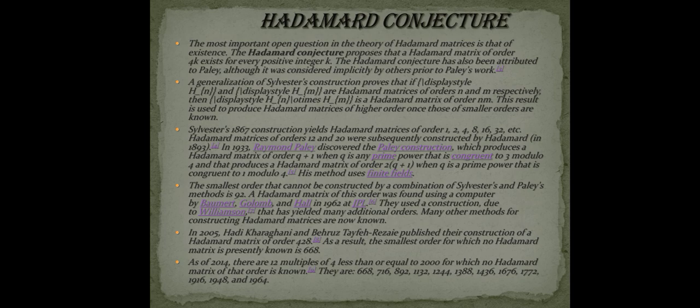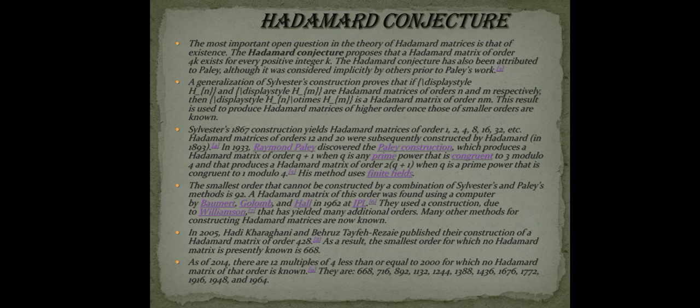A Hadamard matrix of this order was found using a computer by Baumert, Golomb, and Hall in 1962 at JPL. They used a construction due to Williamson that has yielded many additional orders. Many other methods for constructing Hadamard matrices are now known.